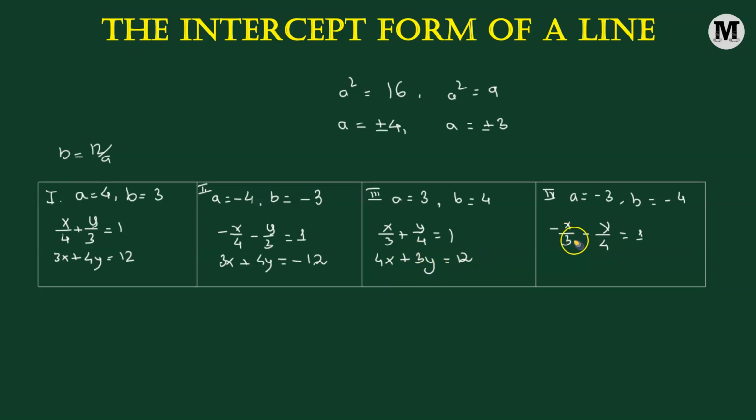And then finally, in case number 4, we multiply throughout with negative 12 to get 4x plus 3y equals negative 12. So here we have obtained 4 different equations, and all of these equations are such that they form a triangle with the coordinate axis having an area of 6 square units, and the hypotenuse in each of the cases is going to be 5.